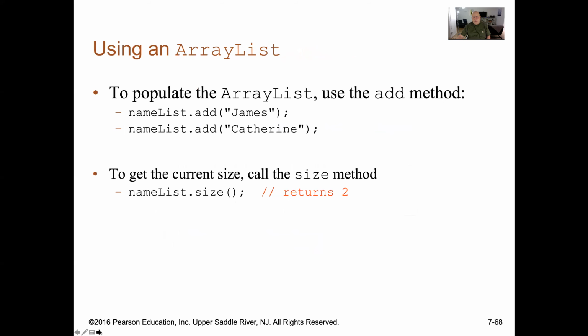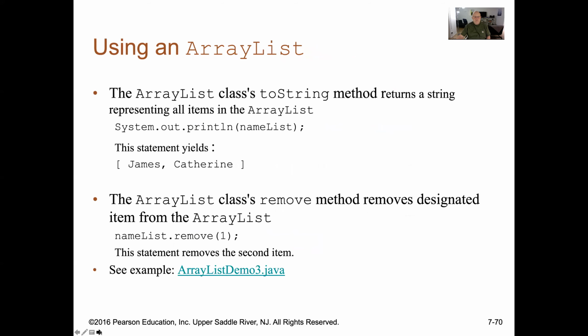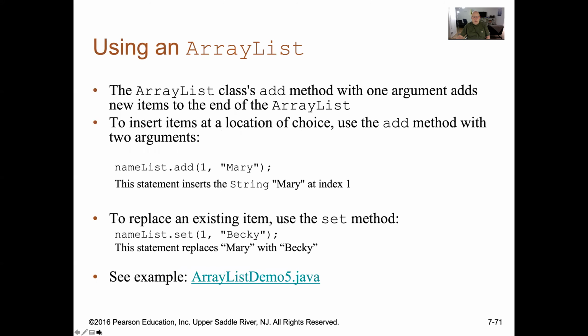This just talks about ArrayList. This is how you use an ArrayList. The ArrayList add method with one argument adds new items to the end of the ArrayList.